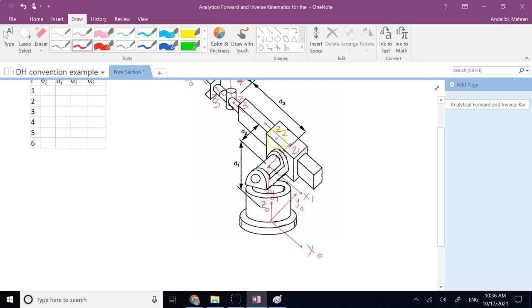And then now I go to frame 1 to 2. Again, you see z1 and z2 already intersecting at this point, right? So that has to be also the origin of frame 2 for me, and x2 has to be perpendicular to z1, naturally to z2, intersecting z1. So the only solution for it is to be up or down.